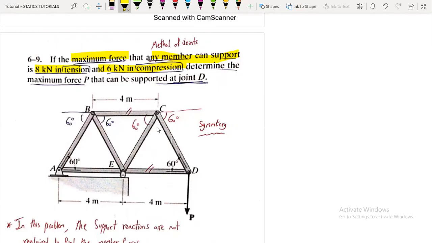So for any member, we'll use the method of joints, because we'll get the forces in each member, unlike the method of sections, which is for specific members.